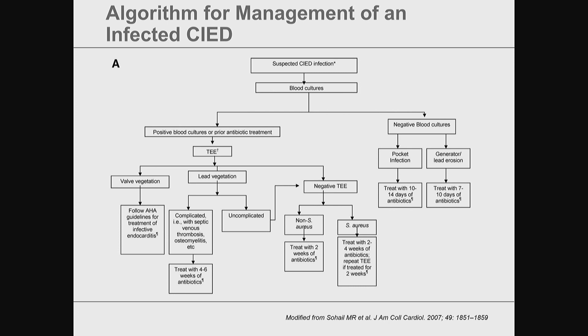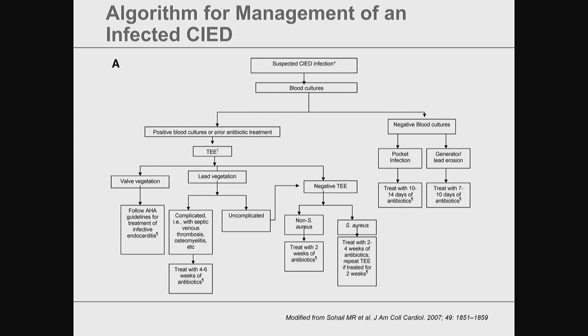If your blood cultures are negative, then you look to see if it's just a pocket infection or a generator or lead erosion. In either case, your treatment course is much shorter: 7 to 10 days for generator or lead erosion, or 10 to 14 days for pocket infection.